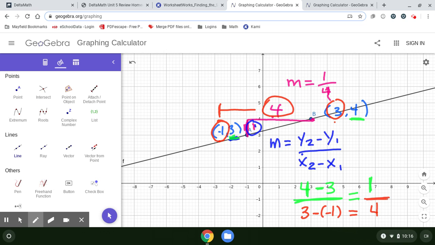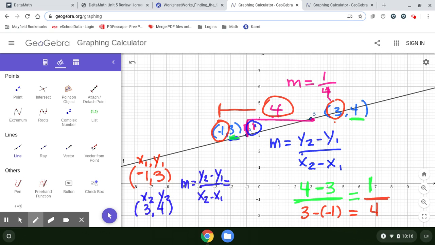What the formula does is take your 2 points and label them. We'll label this x1, y1, and our second point, 3, 4, is x2 and y2. Now I'm going to plug into the formula, y2 minus y1 over x2 minus x1.